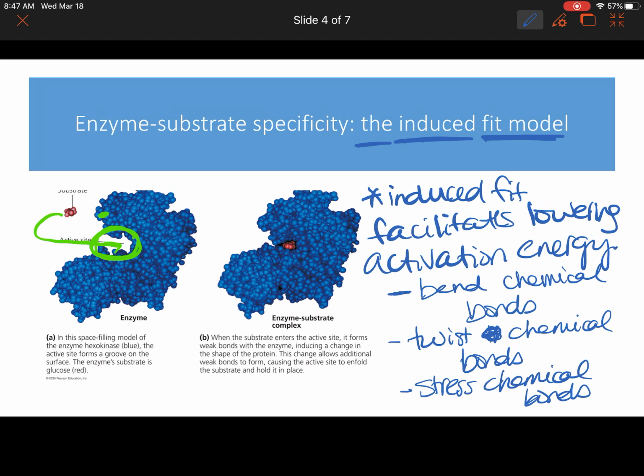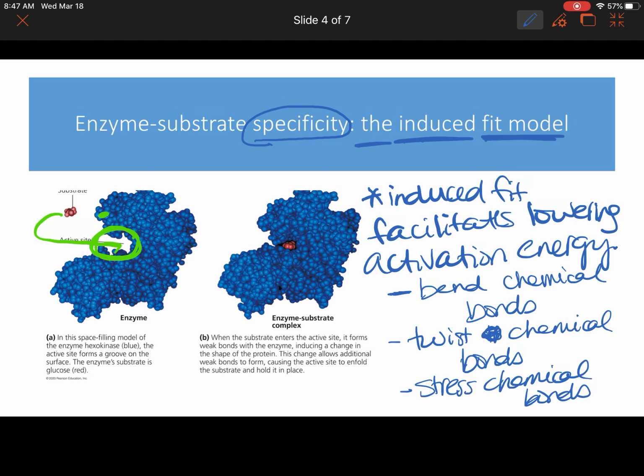The other thing to know about enzyme substrate binding is that it is specific. Okay? Enzymes typically only bind to a particular substrate. So an enzyme that recognizes glucose is not going to recognize fructose because they have different shapes.